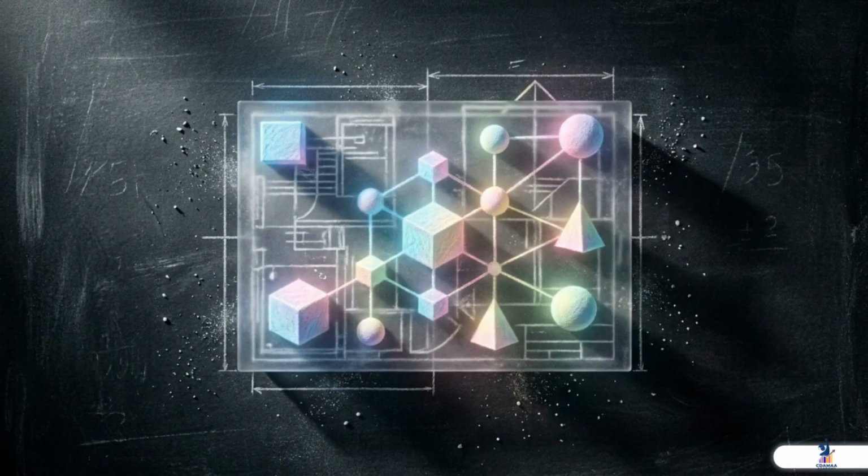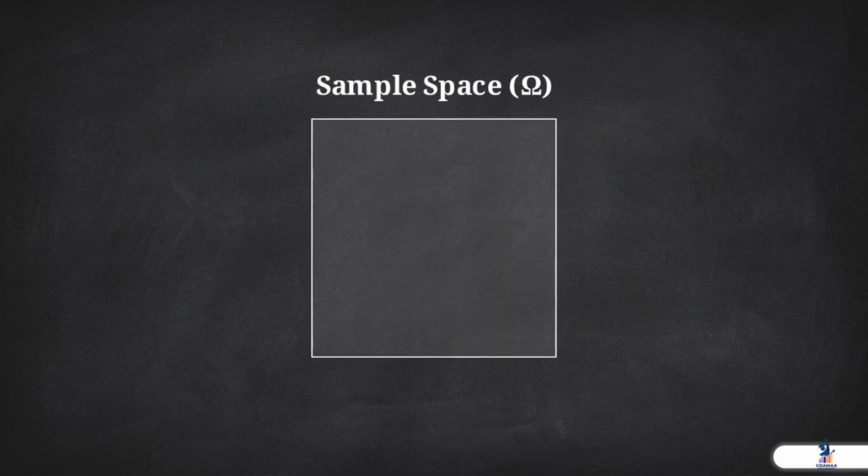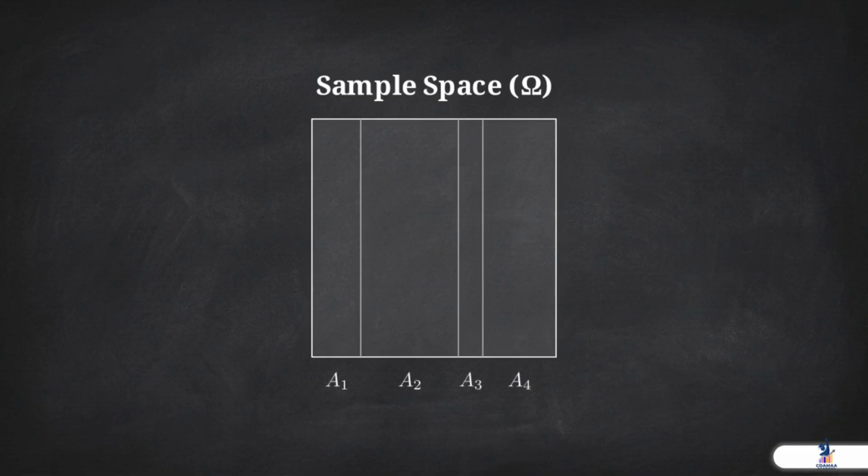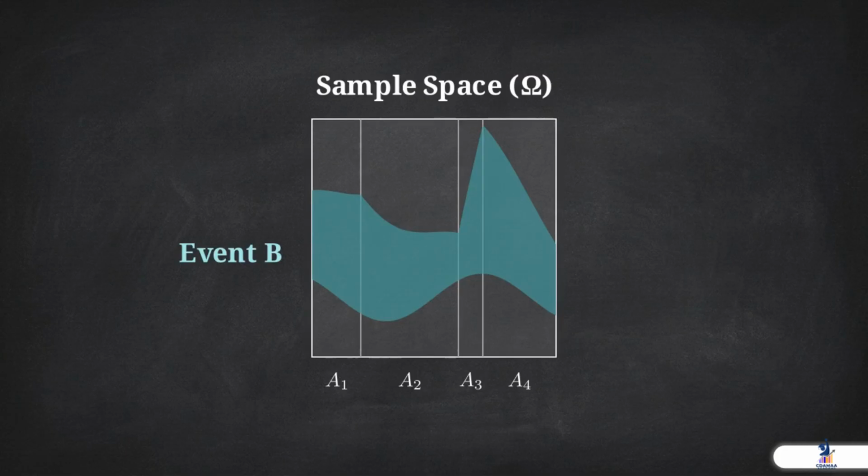In practice, the probability of an event usually relies on hidden underlying states. To model this, we use a partition, splitting the sample space into mutually exclusive and completely exhaustive pieces. The law of total probability allows us to compute an event's likelihood across all these partition states.